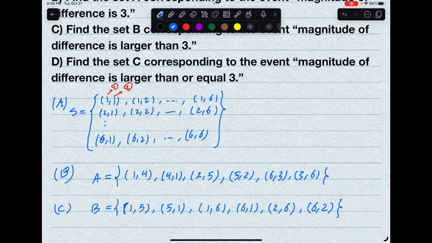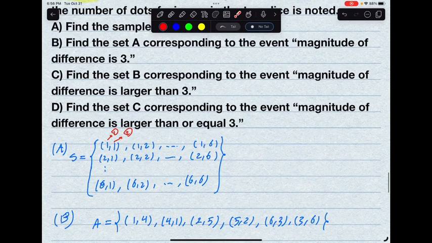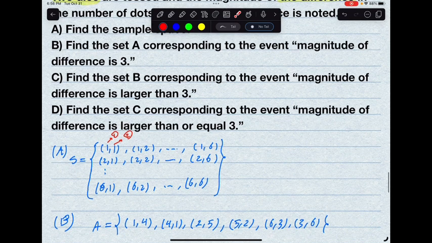Okay, what is the other part? It says part D of the question. It says find the set C corresponding to the event magnitude of the difference is larger than or equal. If you just look, set A was magnitude is equal to 3, B is magnitude is larger, and for C is larger or equal.